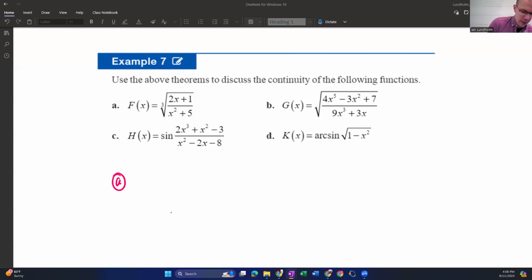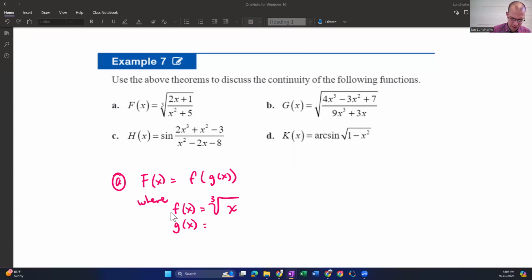And if we split up big F function into a composition of little f and g, where the outside function is the cube root, let's make f of x be the cube root of x and g of x be the rational function on the inside, 2x plus 1 over x squared plus 5.